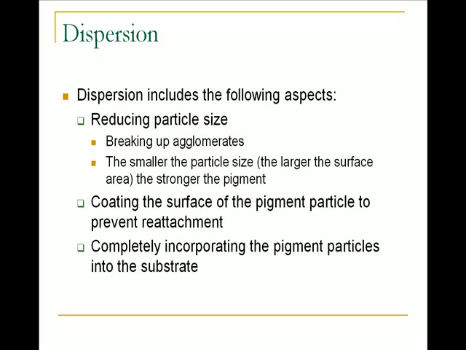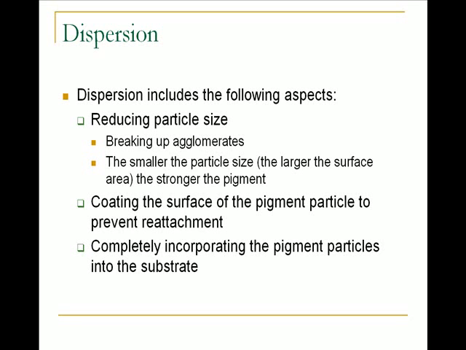place. So once we break down those pigment particles, we don't want them to reagglomerate. So what we do is coat the surface of the pigment particle with a dispersion aid, usually a wax-type material, and that coating helps keep them separated as we go through further processing. Finally, completely incorporating the pigment particles into the substrate, which means completely wetting out the particles.